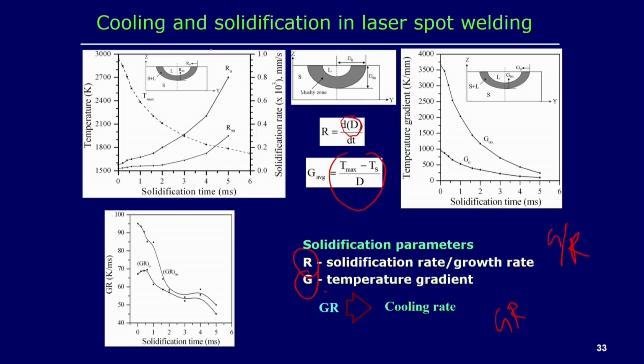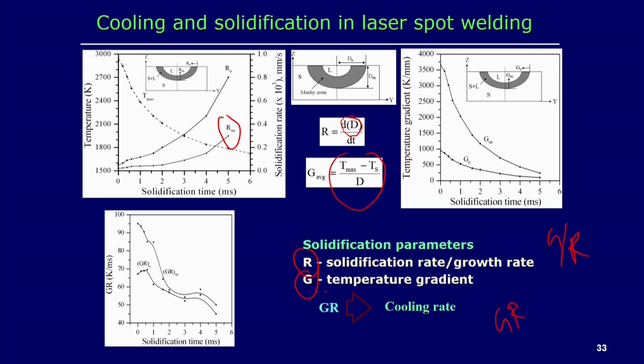Here you can see how r0 and r90 change. r0 changes more compared to r90, which means the solidification rate is higher along the surface than in the depth direction, so R90 is less.